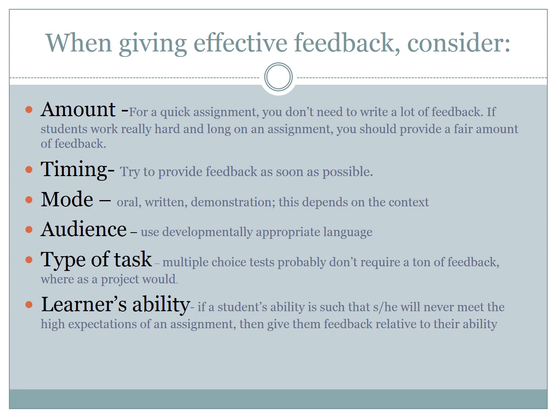And finally, another thing to consider is the learner's ability. You need to give them feedback relative to their ability. So instead of thinking of everyone having to hit the same mark, think about some students being at different points along the learning continuum. A famous Russian psychologist by the name of Lev Vygotsky, you might have heard of him, visualized learning as a continuum, and people are at different points on their continuum.